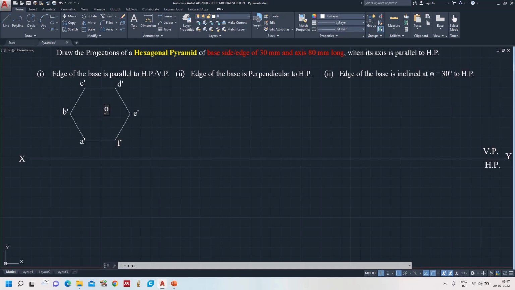I am giving the apex point as O dash. Now let us join all these to the center. Yes, perfect. In the front view everything is clearly visible.